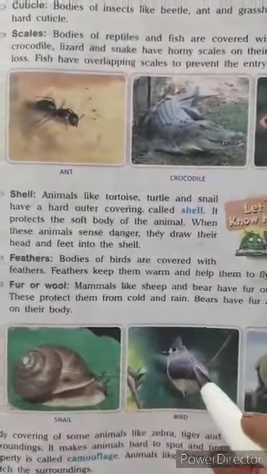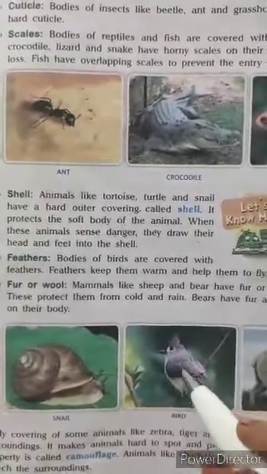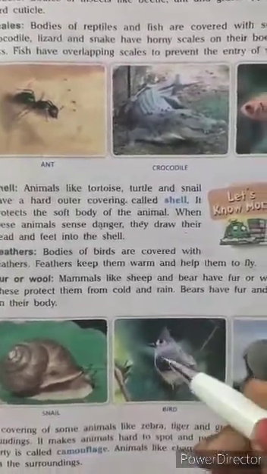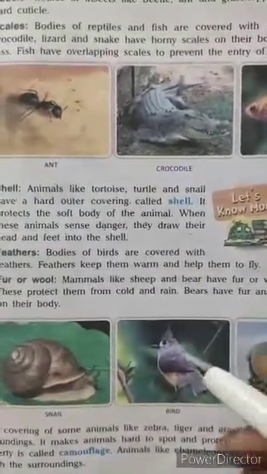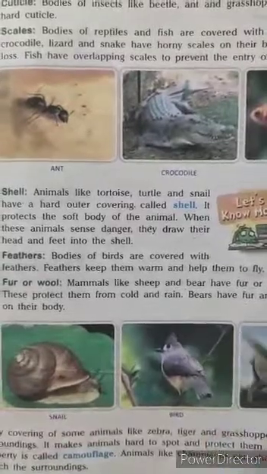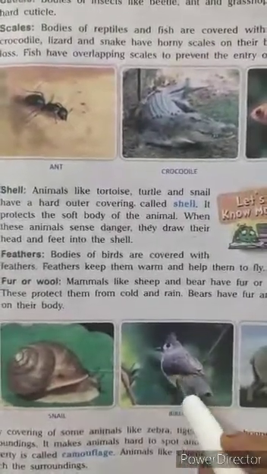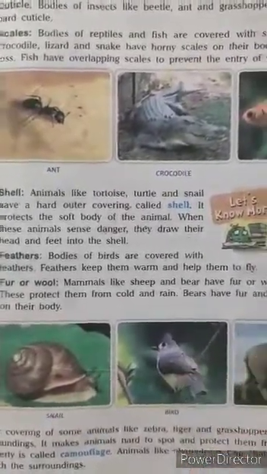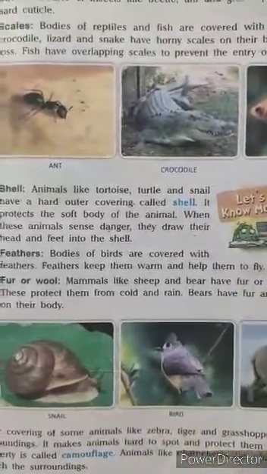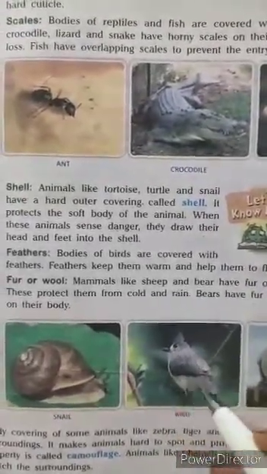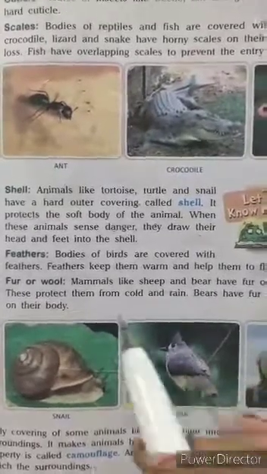Means they use their feathers to fly in the sky as well as to keep themselves warm. During the winter season, these feathers work like a sweater or like wool. So it keeps the bird's body warm.